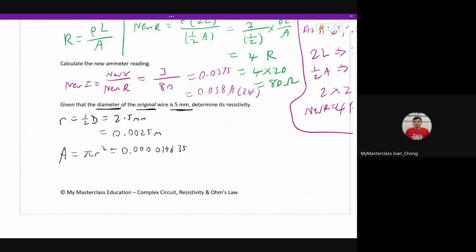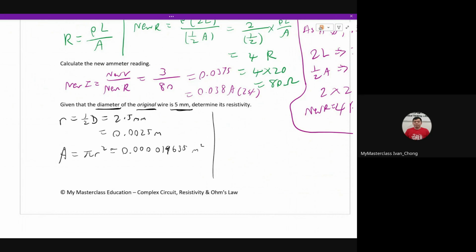Let me just check. Yes, okay. Just clean up. This is your meter square.